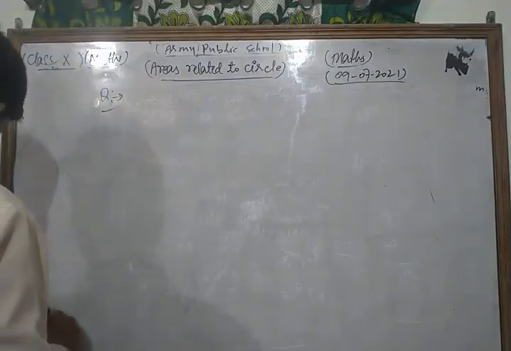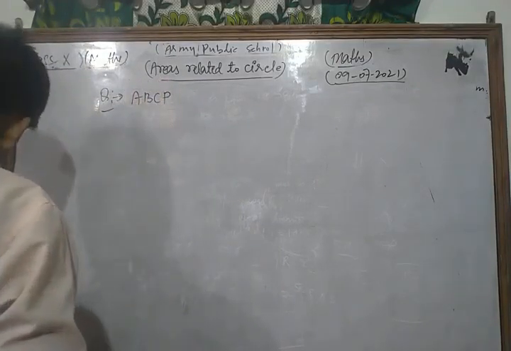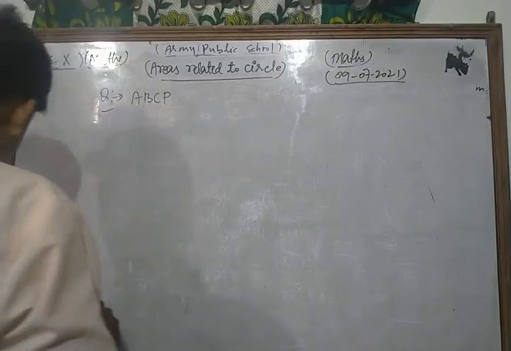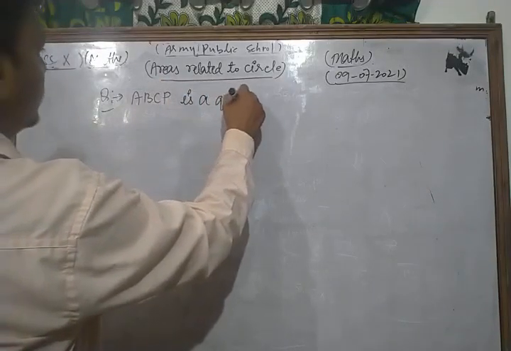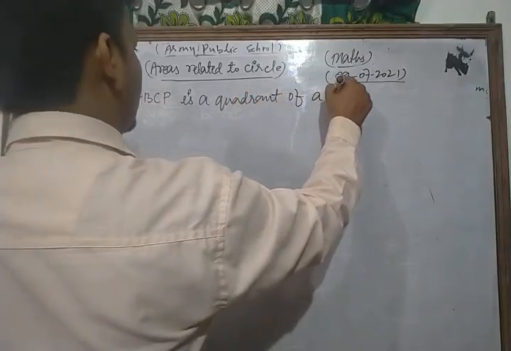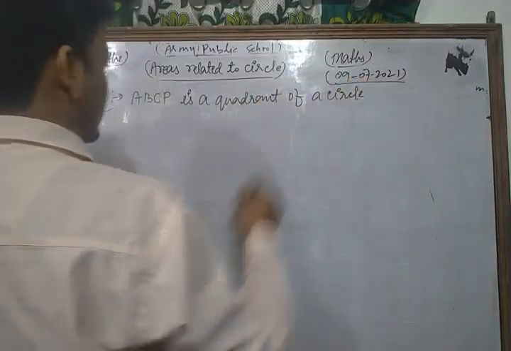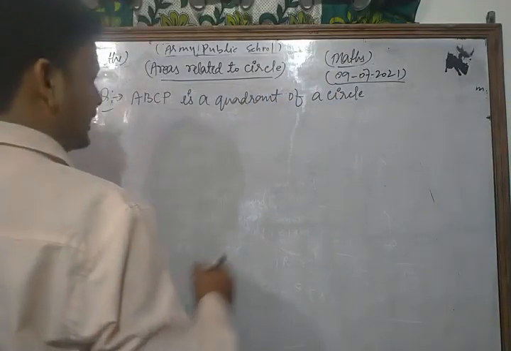Your question is: ABCP is a quadrant of a circle of radius 14 centimeter.